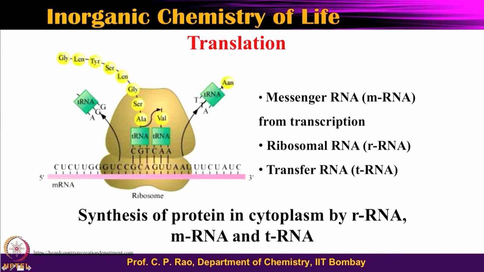That means there are different tRNAs for different amino acids. So, the tRNA basically makes complementary contacts with the amino acid and brings it to this particular region, and drops it here.